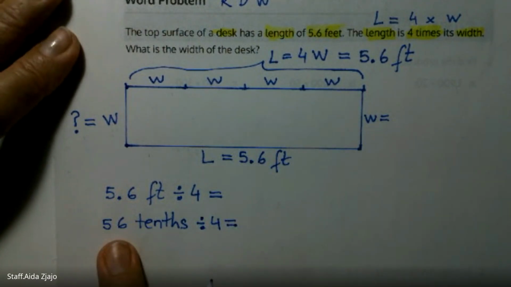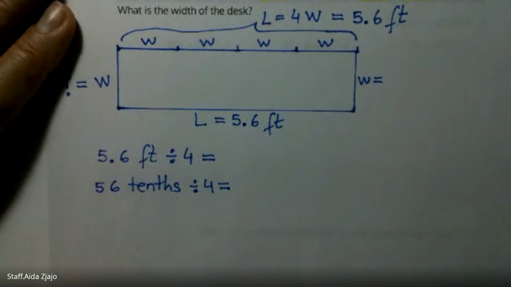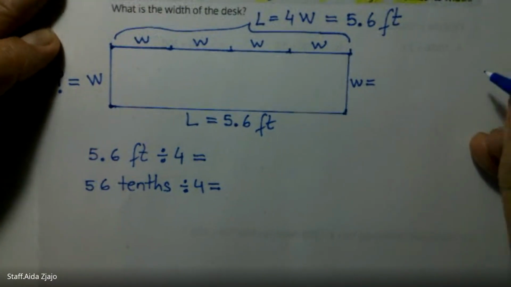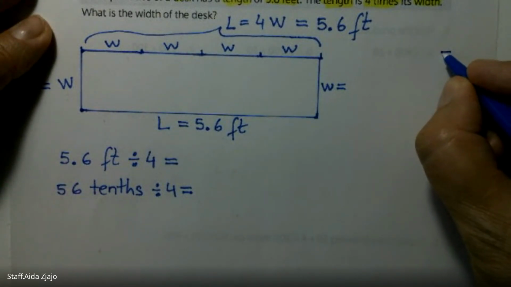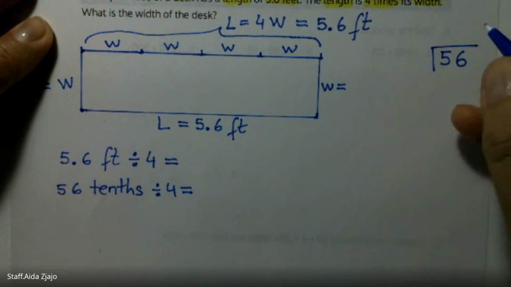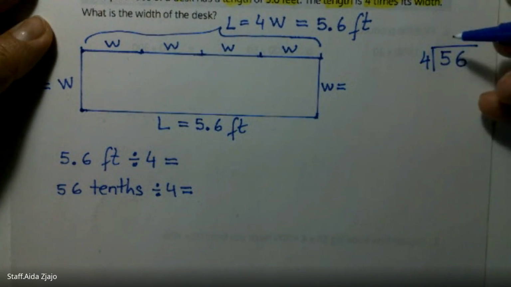So we need to see how many 4s are in 56. And then you can use your standard algorithm. Let's use this side here. Let's see, if I use standard algorithm division, I can see 56 divided by 4. So if it's a whole number, it would be 4.